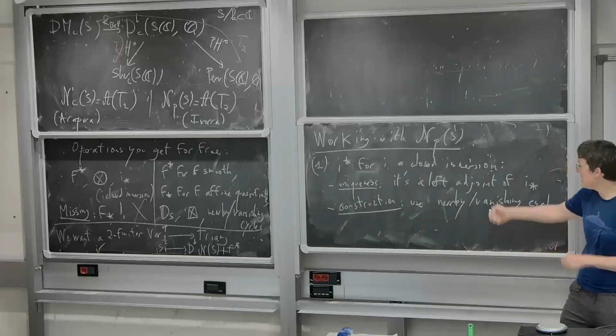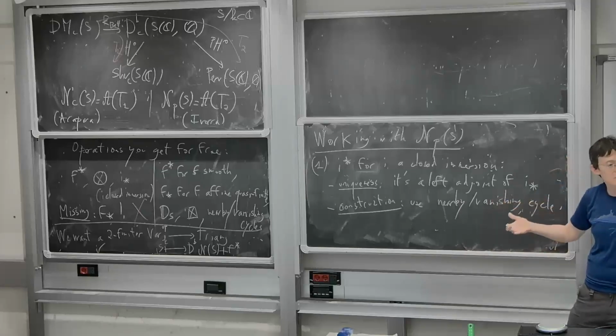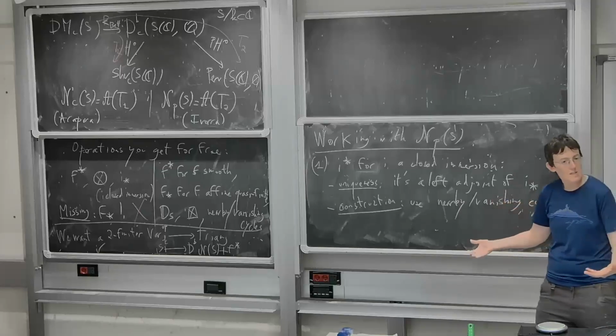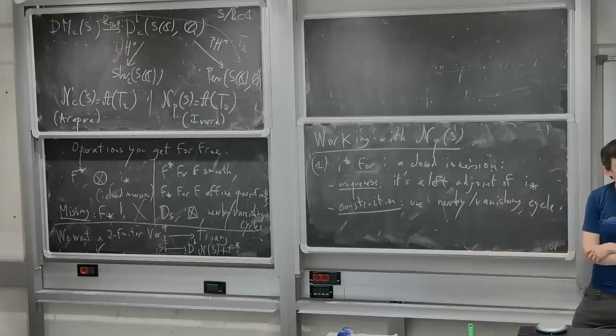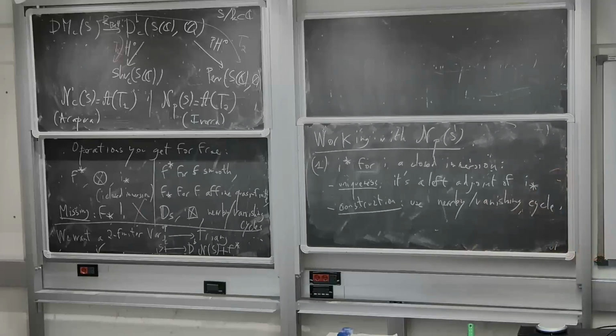And in that case, i upper star is given by an explicit complex using these nearby and vanishing cycles that are exact functors. And because they are exact functors, you have them for free. So I'm kind of lying to you. It's slightly more complicated, but it's the idea.